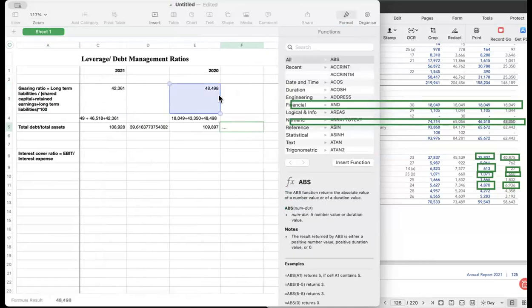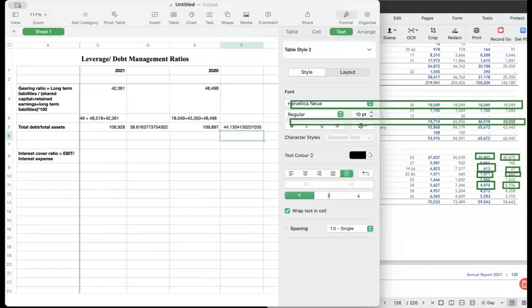Okay, so 2021, you get 39, almost 40%. And here it's 44%, 2020.